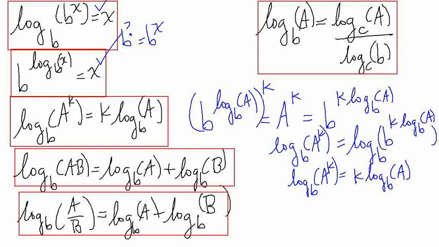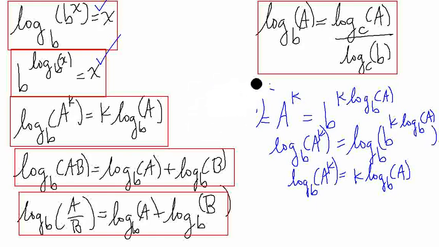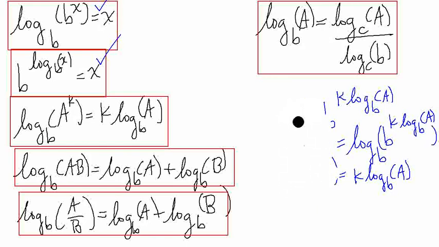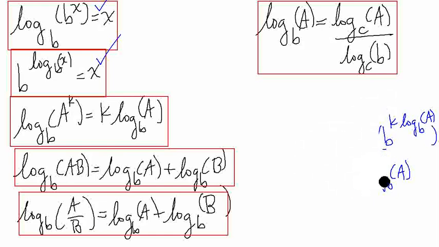Okay, now for the next one, let me use previously established formulas again. Let me erase what I've already written in blue so that I have more room. I'm going to make a statement: A times B, capital A times capital B, is equal to a product of exponentials. I'm going to use the second formula again.